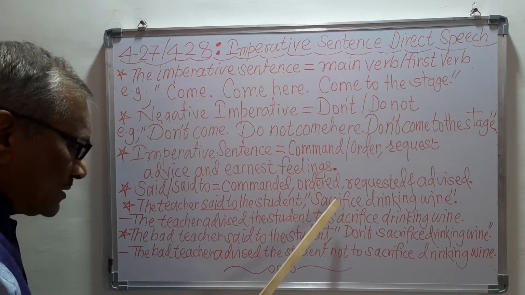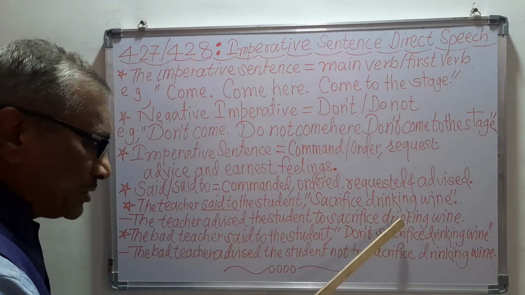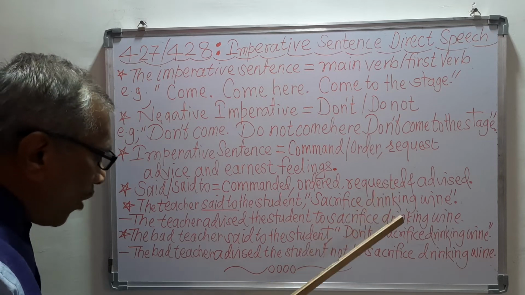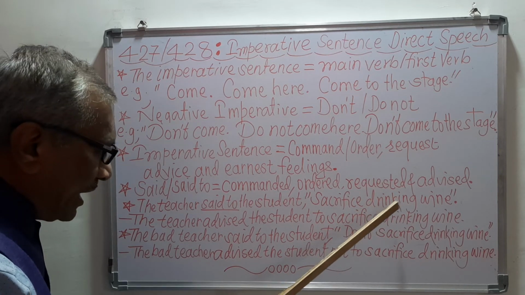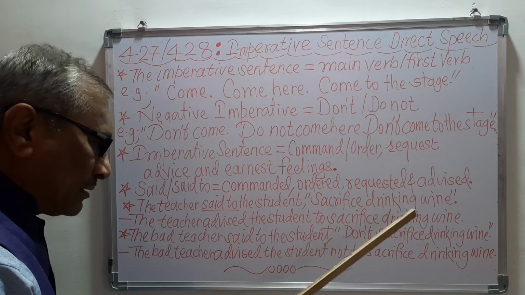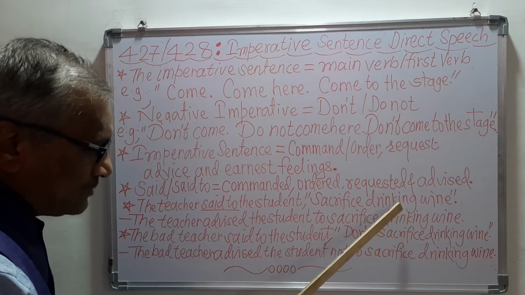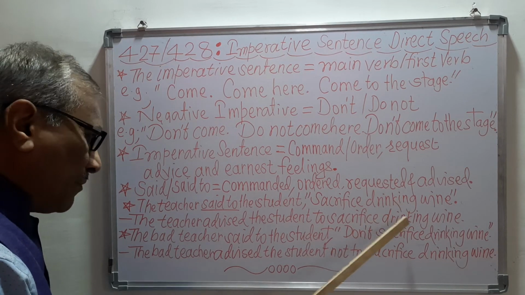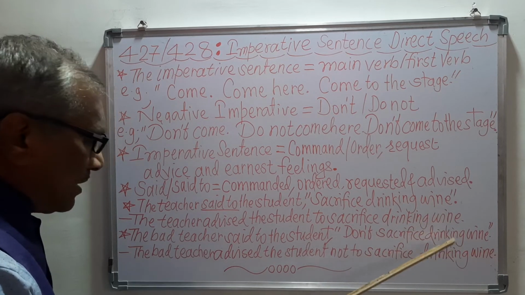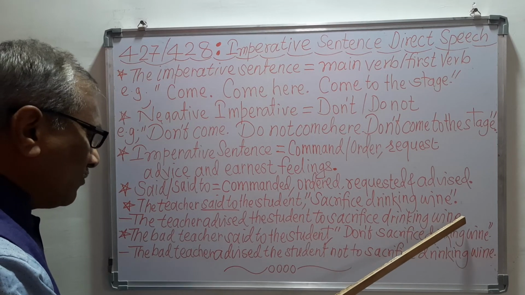So "sacrifice" has become "to sacrifice", and "drinking" will not be changed. Why? Because it is the ing form of the verb, and verbs like drinking, jumping will not be changed, and that's why drinking has remained drinking. Then "wine" will not be changed, so I have put the word wine as it is, and there is the full stop.